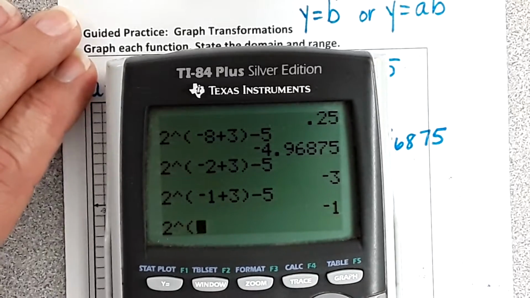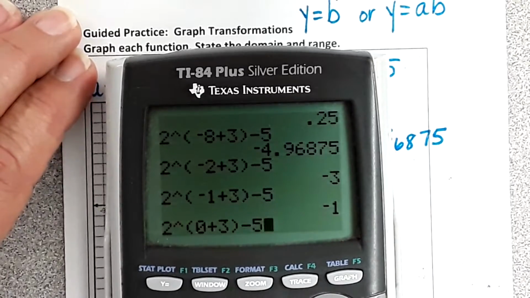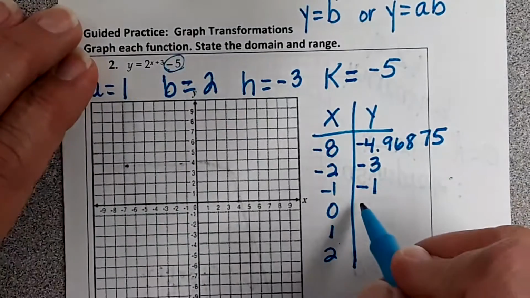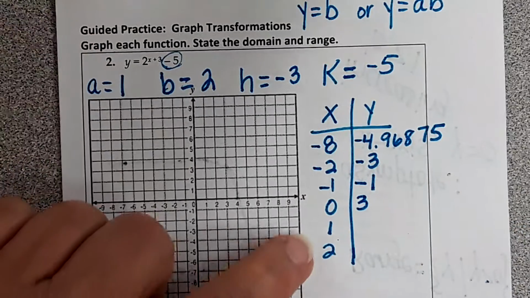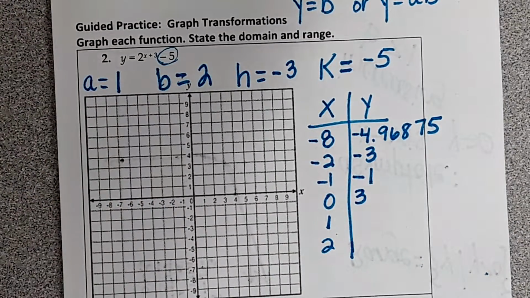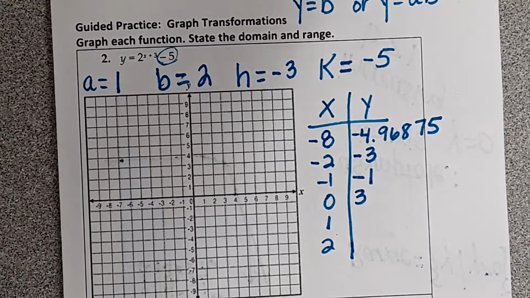Two raised to 0 plus 3, right? It's plus 3 minus 5. So do you guys see? It's really moving. It's moving it up, and it's changing that y-intercept.